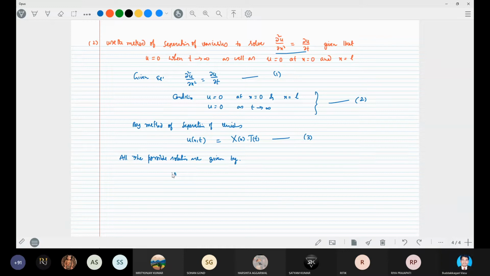Tell me, u of x comma t is equal to ax plus b, right?